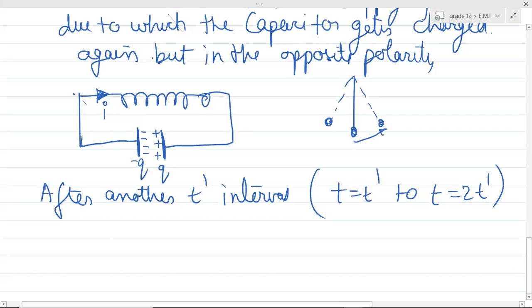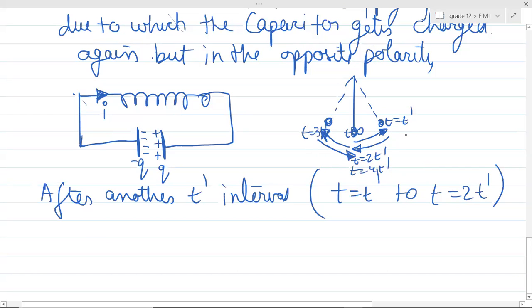From mean position it goes to the extreme, then from extreme it comes to mean again, from mean it goes to another extreme, and that extreme comes back to mean. Yes or no? So basically this time t dash is t equals to 0 to t equals to t dash, then t dash to 2t dash, then 3t dash, and similarly when it comes back it will be 4t dash.